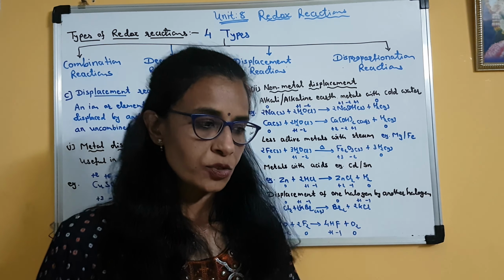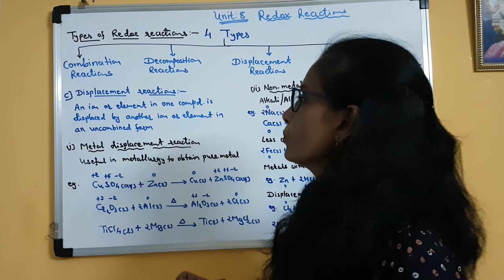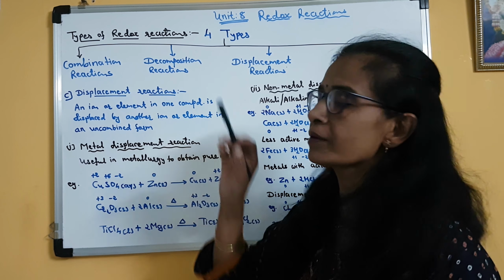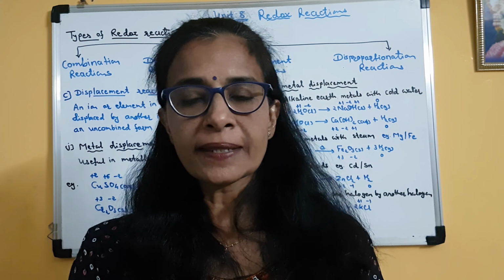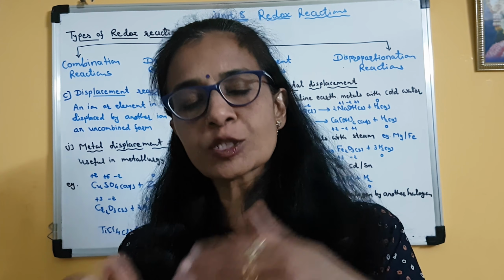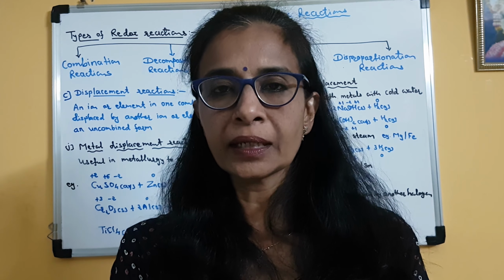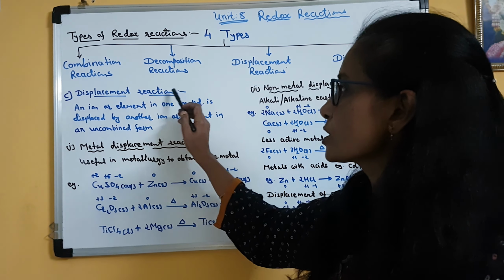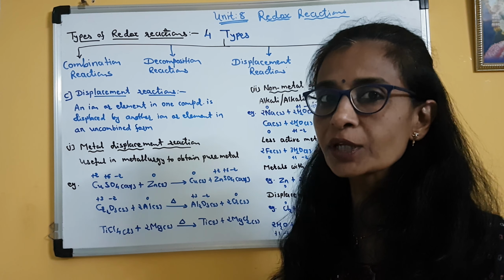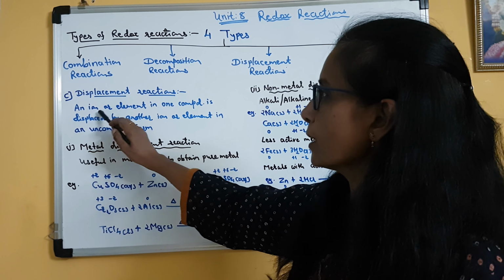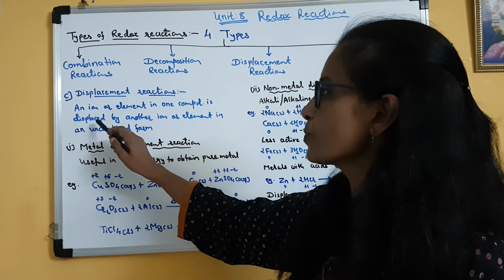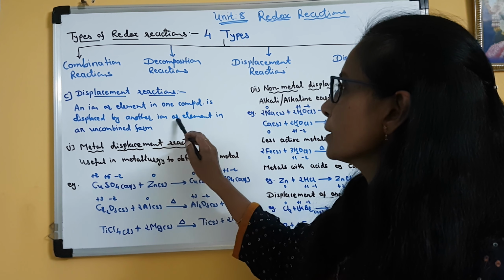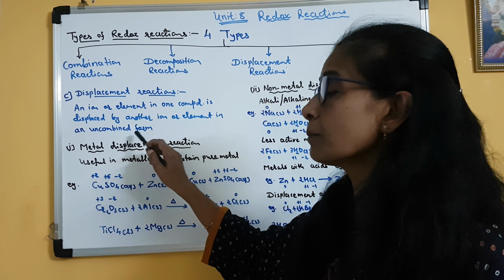Okay, so now in this video we will study displacement reactions. Displacement, the word itself tells that something is displaced by the other thing. Clear? So in a displacement reaction, what we are going to study is an ion or the element in one compound is displaced by another ion or element in uncombined form.